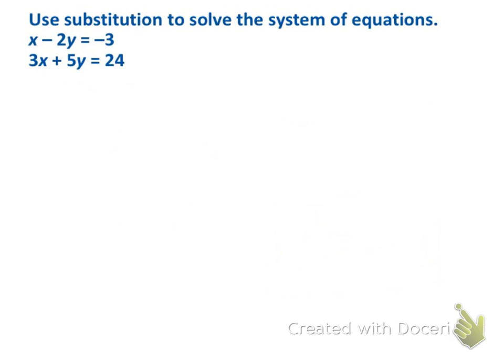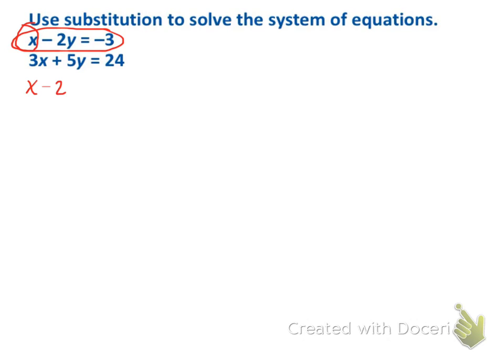Let's do another one. Okay, this one is a little bit trickier. Why? Because you don't have any variables isolated. Neither equation has a variable all by itself on one side of the equal sign. So the first thing we want to do is get a variable all by itself. The easier one would probably be this first equation here because the x is almost alone.